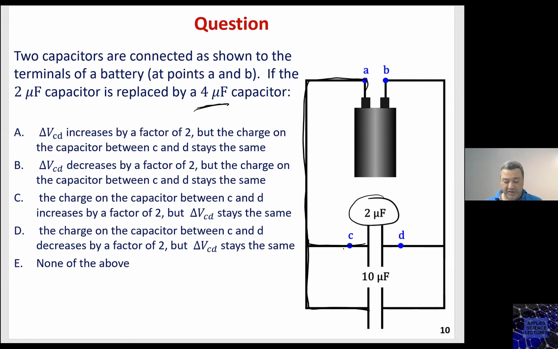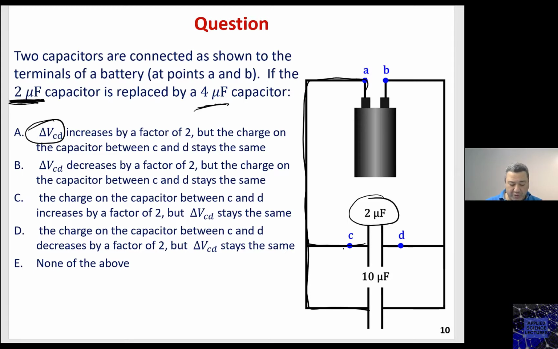Now the question is asking, what's going to happen to the potential difference across this capacitor and the capacitance? The first option is, if I replace 2 microfarads with 4 microfarads, the potential difference across the capacitor is going to increase by a factor of 2, because this is 4 and this is 2, so the ratio between them is a factor of 2.